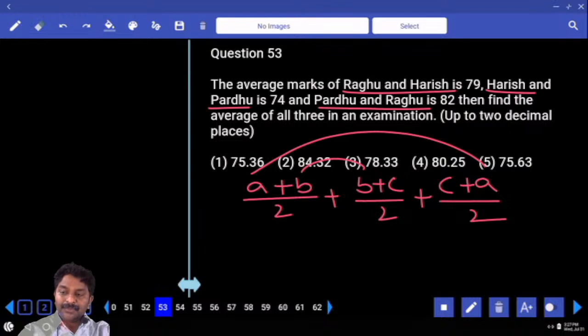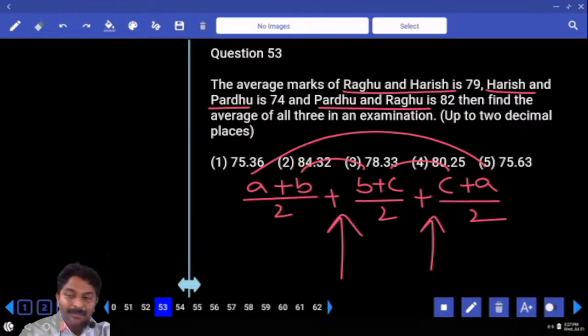How many B's, how many C's? And in the denominator, 2 is taken common. So in the numerator you have 2A, 2B, 2C, and dividing by 2 gives A plus B plus C. When do you get A plus B plus C? When you add the values given in the question. But finally, to calculate the average of 3, we have to divide that number by 3 also.